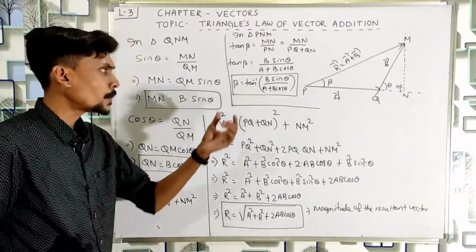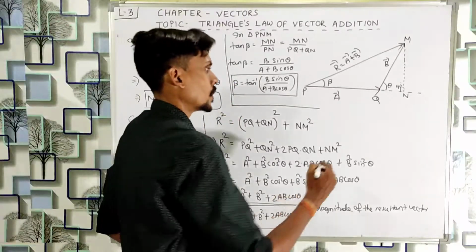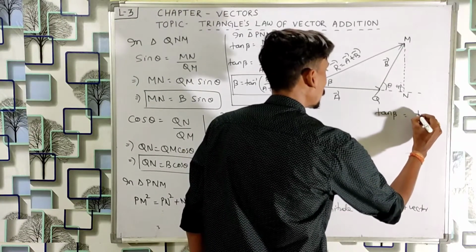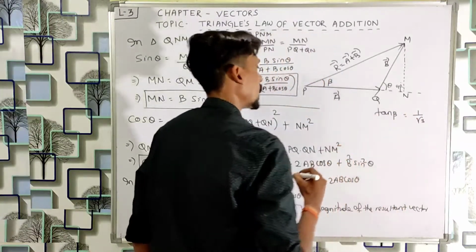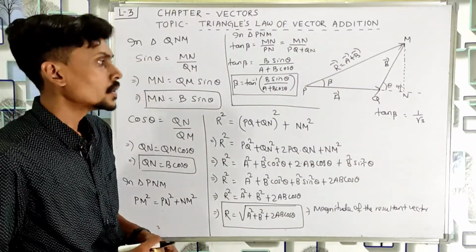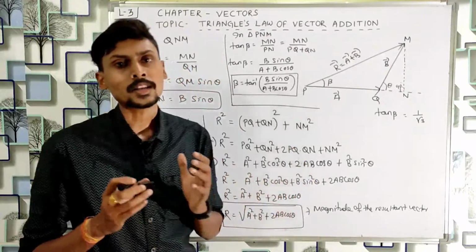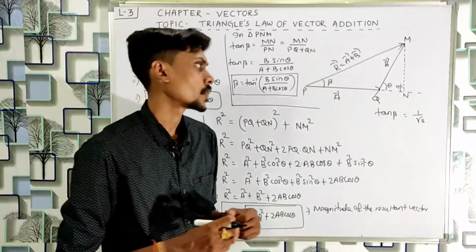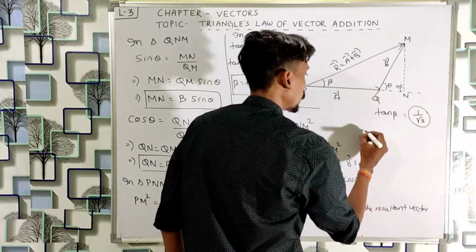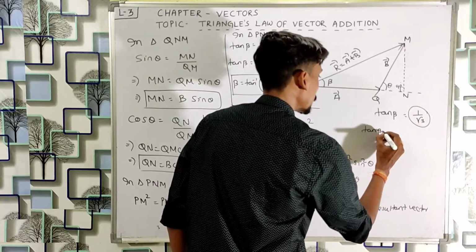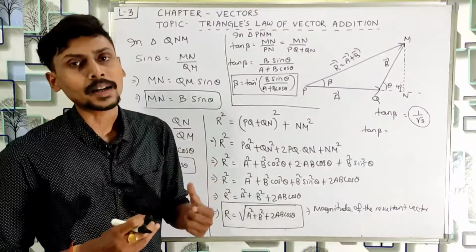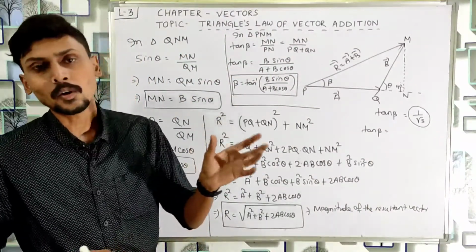So what is the meaning of tan inverse? Suppose tan beta is equal to 1 by root 3. Then we have to find what is the value of beta. So we have to first determine for what value of beta, tan beta is equal to 1 by root 3.